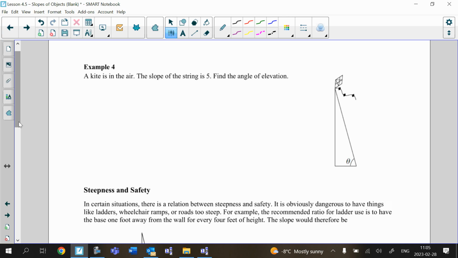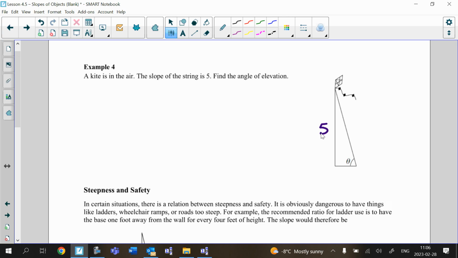Remember what slope is, rise over run. So this would be rise, wouldn't it? And this would be run. So doesn't that mean that this must be 5 and this must be 1? Because a rise of 5 divided by a run of 1 gives me the slope.